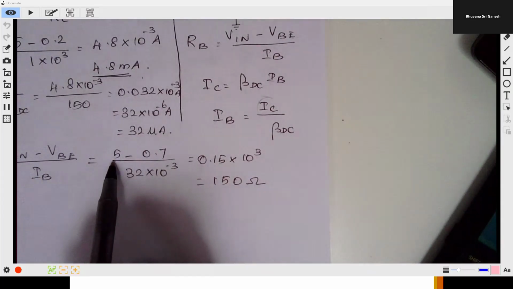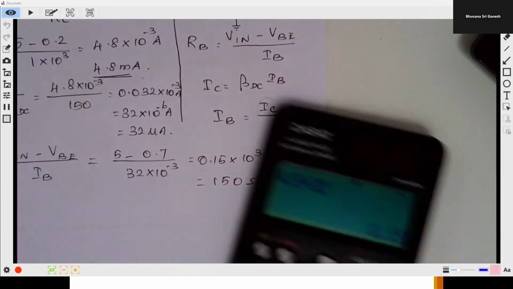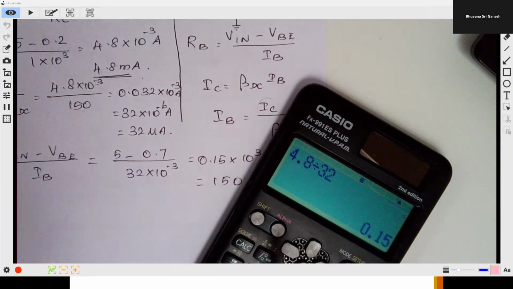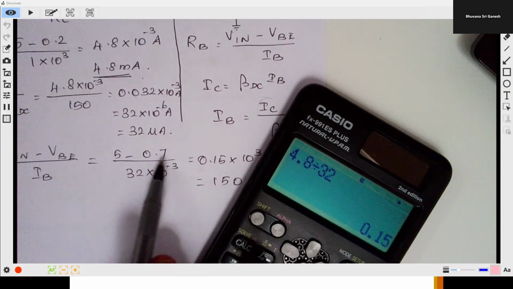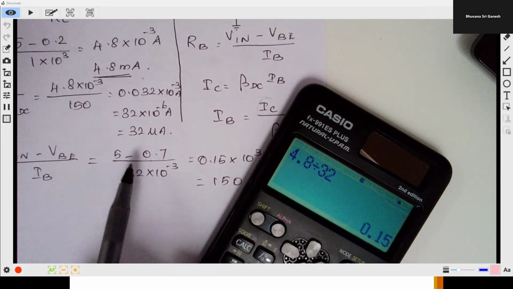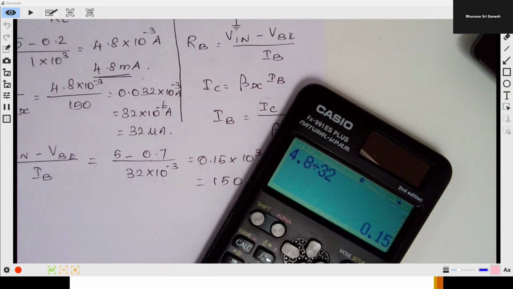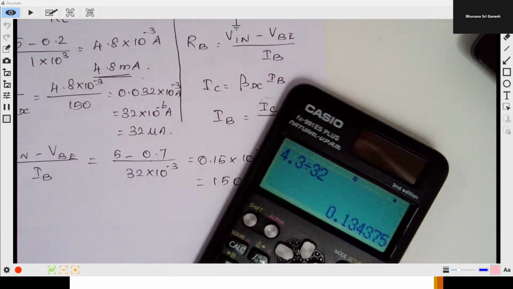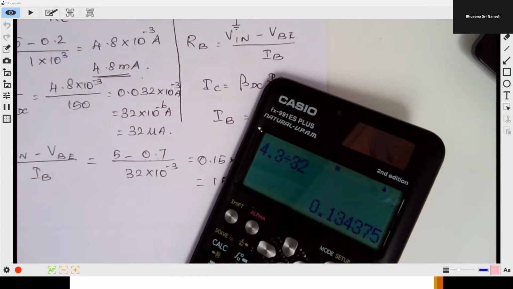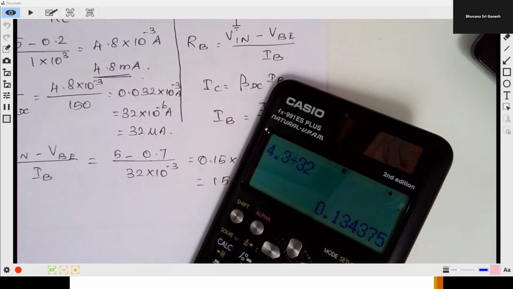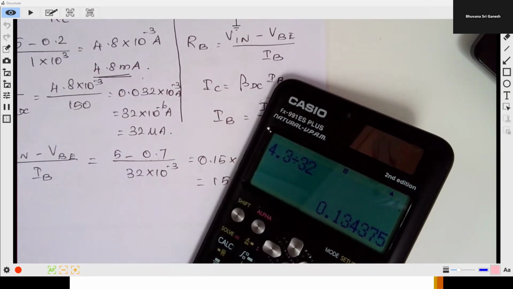Sorry, 5 minus 0.7 over 32. I had taken 4.8, but I only cut 0.2. So 5 minus 0.7 is 4.3. 4.3 over 32 is 0.134 times 10 power 3, which is 134.38 ohms.